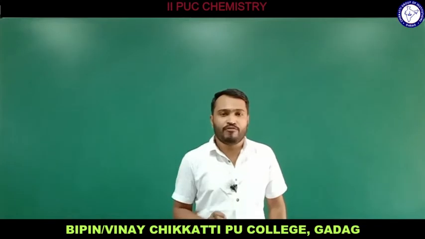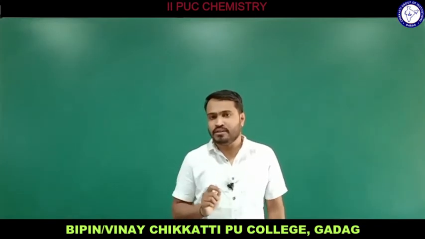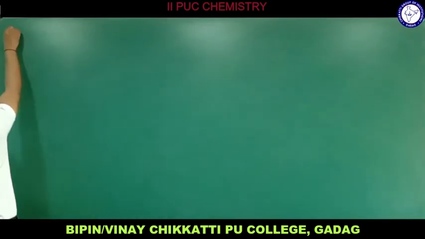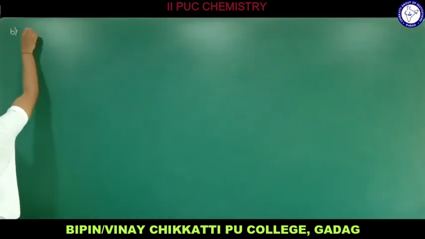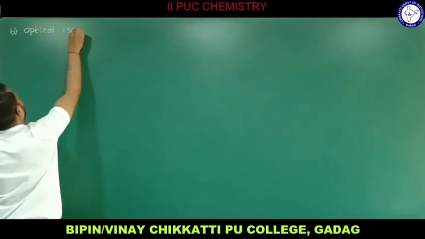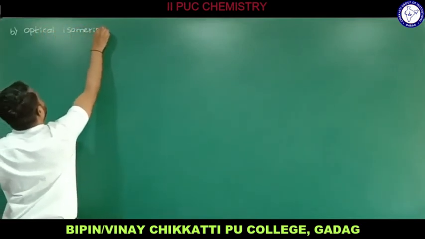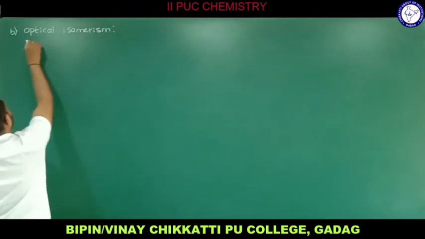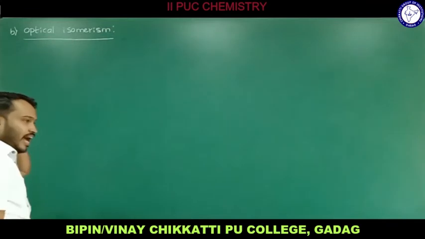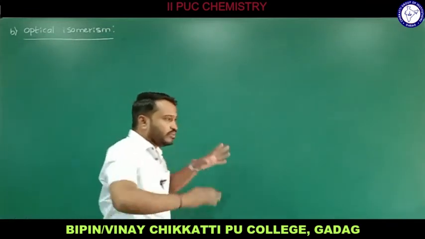Second type of stereoisomerism, optical isomerism. Let me write here B, optical isomerism. We are quite familiar with this term, optical activity, optical isomerism.